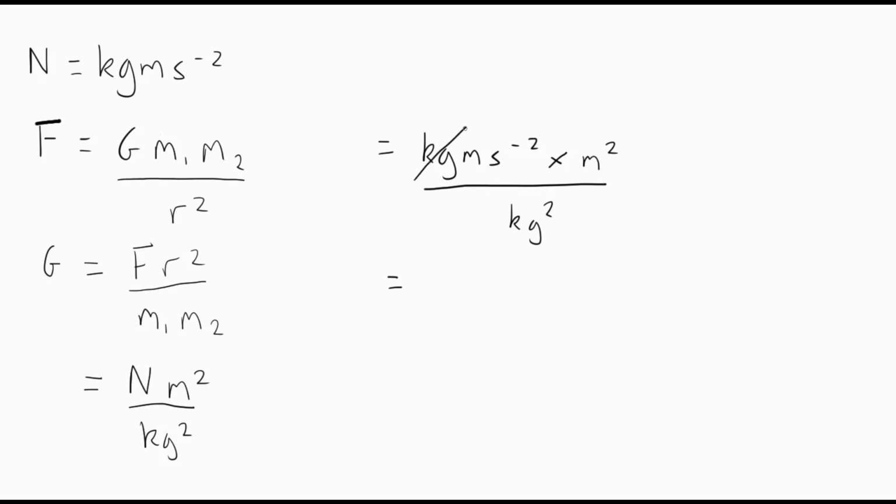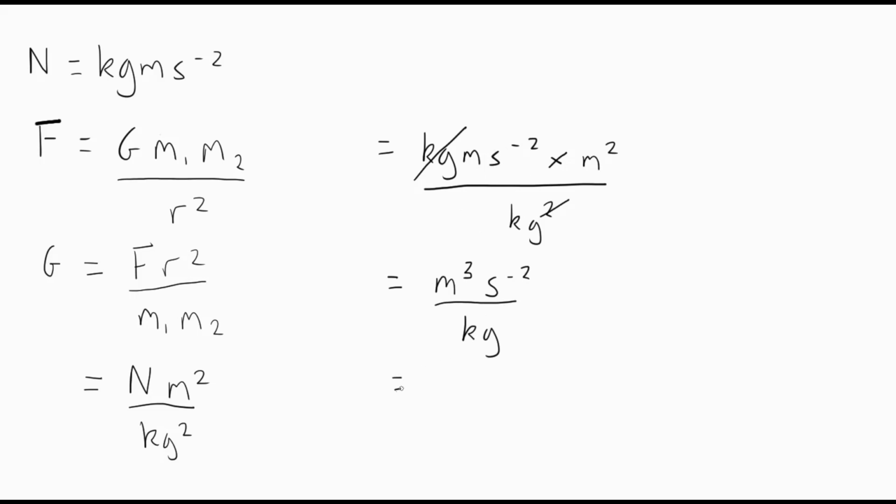This kilogram here can cancel with this number 2 there, leaving that to be just a 1, so kilograms by itself. And let's see what we've got. We've got meters multiplied by meters squared, so we've got meters cubed. We've got seconds to the minus 2, and the whole thing is divided by kilograms.